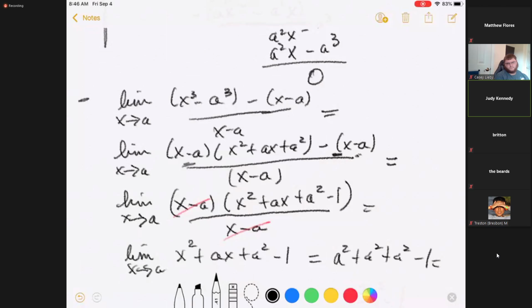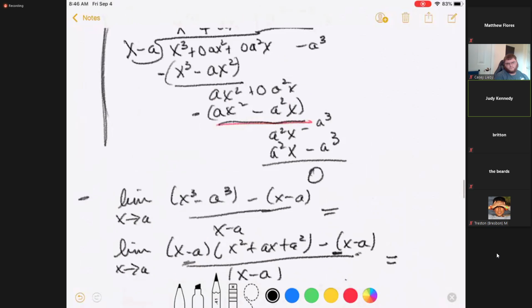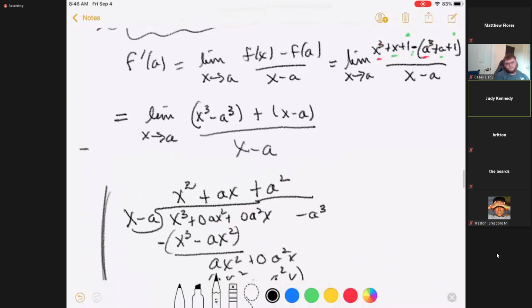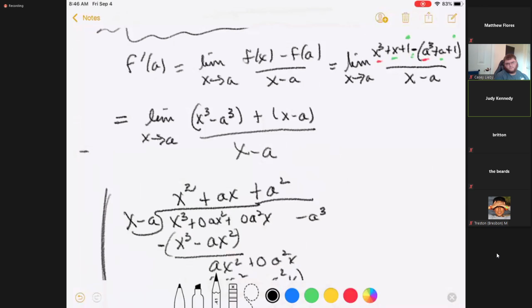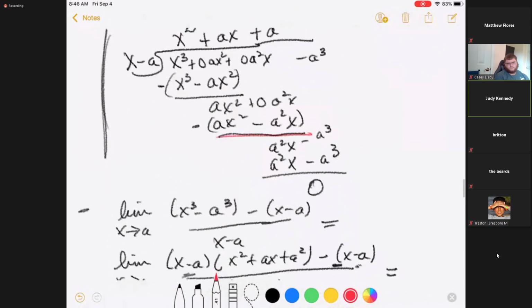What did I do wrong? Oh, I see what I did wrong. That plus there sort of magically changed to a minus. That's supposed to be a plus 1, not a minus.